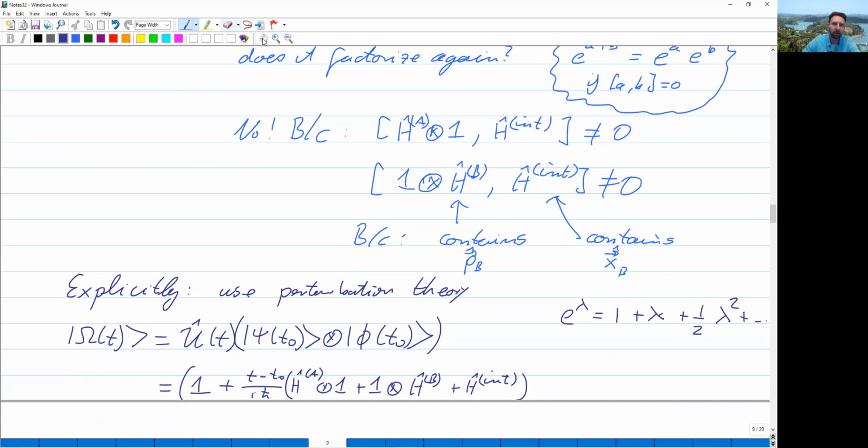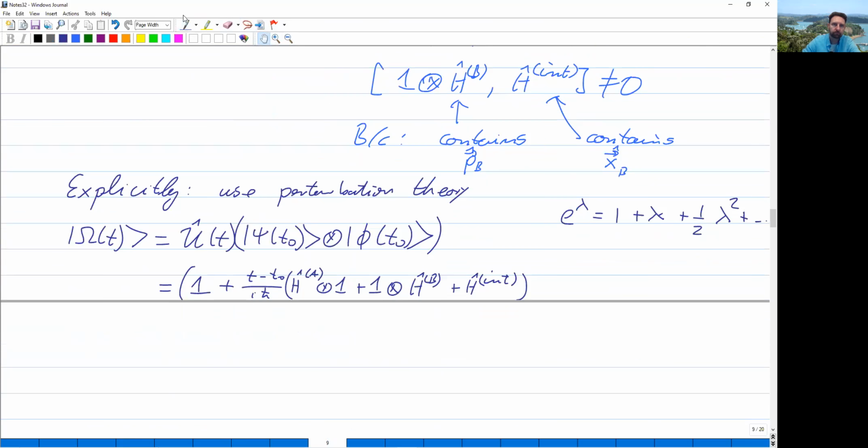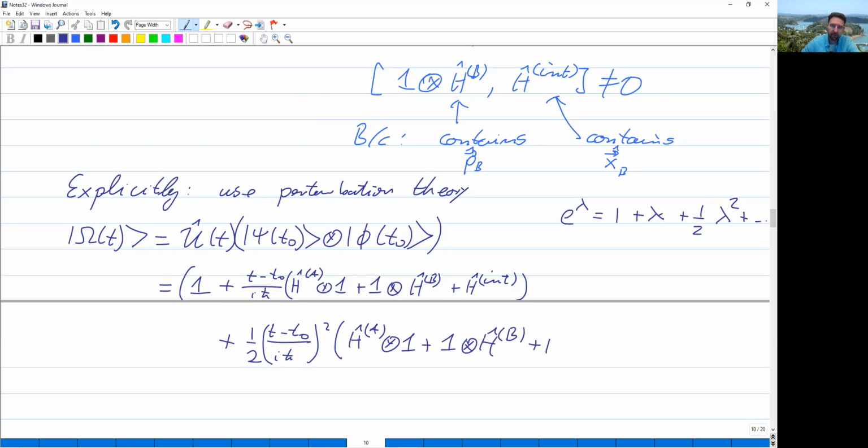And now let's write down the plus lambda squared plus 1/2, and then this thing squared. So we have here t minus t naught divided by i h bar, and then we have to do this squared, and then we also have h hat A tensor identity plus 1 tensor h hat B plus h hat int, squared, plus dot dot dot.